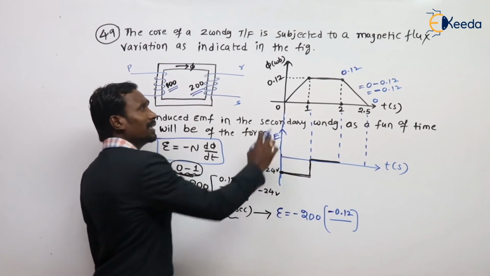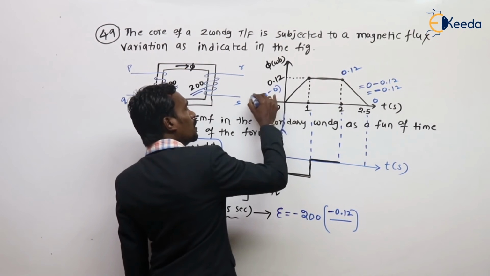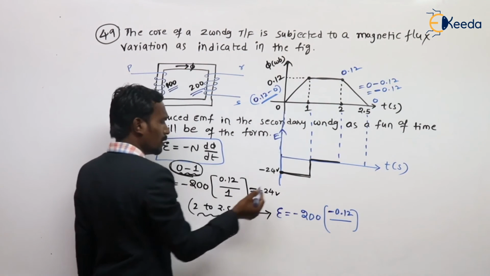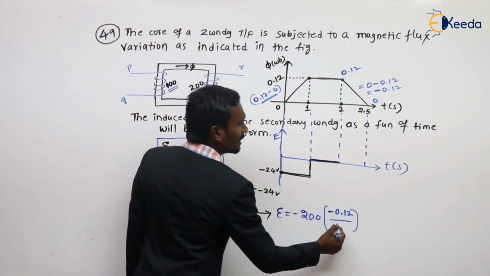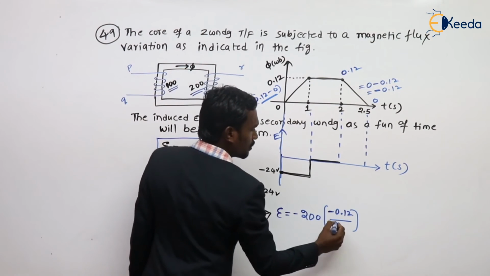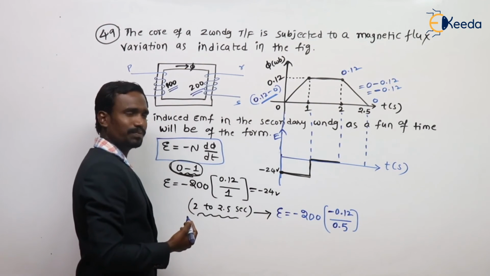But here the change is 0.12 minus 0, which is nothing but 0.12. Here, what is the time? 0.5 seconds.